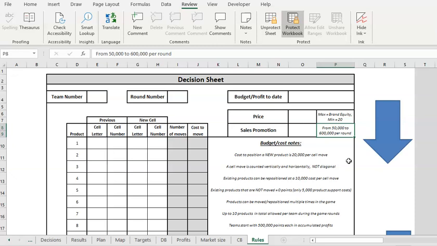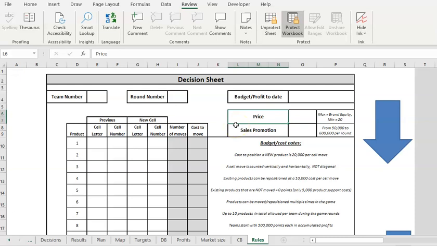There are no competitors. So a small amount of sales promotion is effective. Over time, the market gets very used to sales promotion, becomes less responsive, so you have to spend more money. Companies will have more money over the course of the game. And these two here, price and sales promotions, relate to all their products.